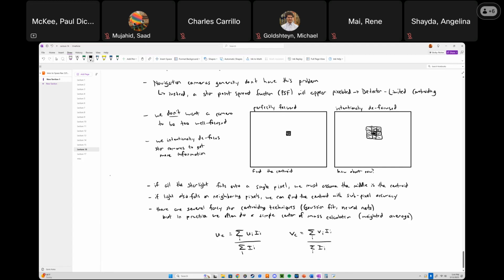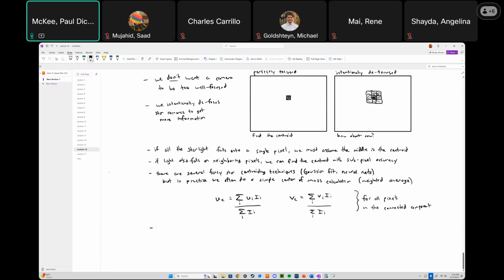And that's it. So you would do this for all pixels in the connected component. And when we do this, we can generally achieve one-tenth of a pixel, or 0.1 pixel centroid error in this way.